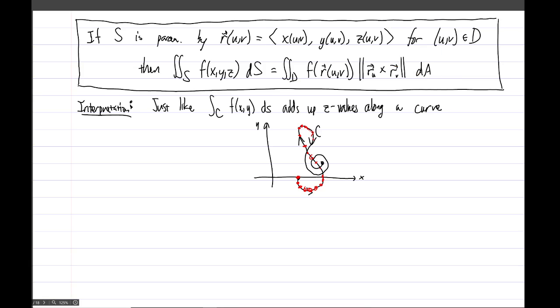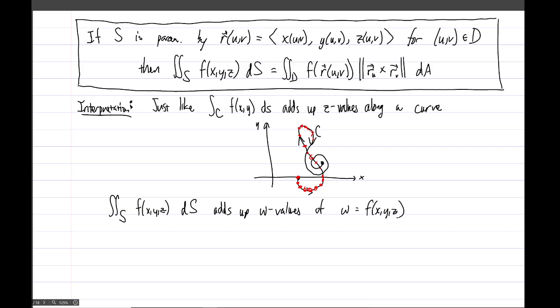And in the same way, the double integral over S of a function f of x comma y comma z dS, now capital S, adds up, I guess we'll call them w values, of a function whose output variable we'll call w, w of f of x comma y comma z.